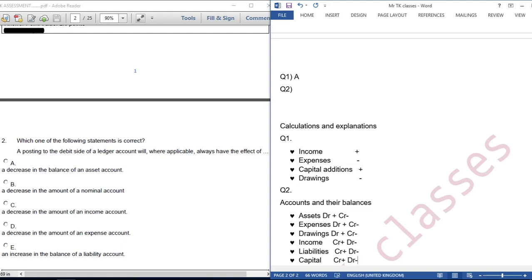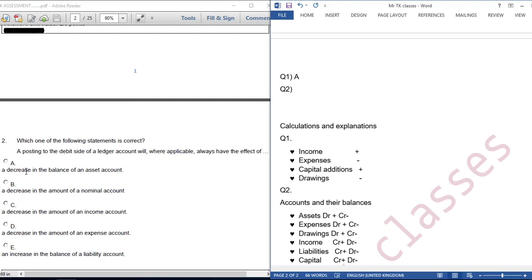Now let's look at our question using this. I'm not going to explain why these increase on the debit side and decrease on the credit side, because if you look for my lecture on the accounting equation, you are going to see the explanation of all this. So now we move.